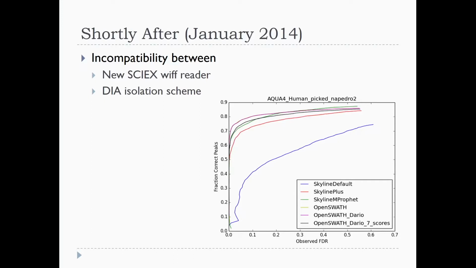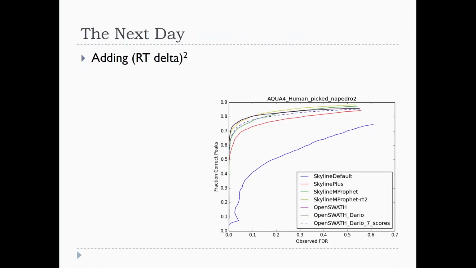And we're into the same range as OpenSWATH. In fact, with Skyline mProphet, we end with more peaks picked correctly, and we hug the Y axis slightly less. But then we added some new things, and we were able to come up with something that did as well or better than OpenSWATH on this, but basically statistically not different.